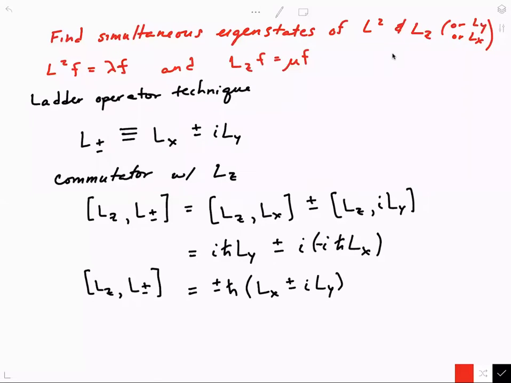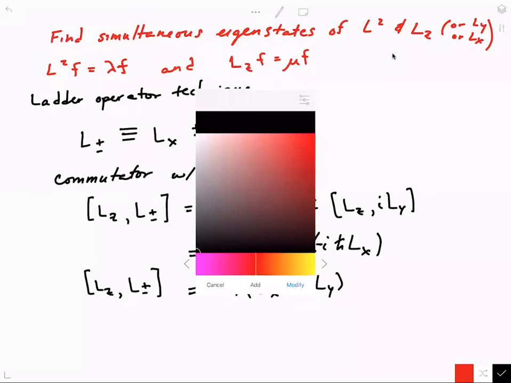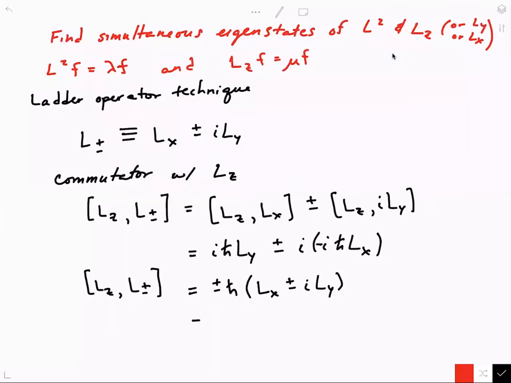Okay, so we can rewrite that even a little further.